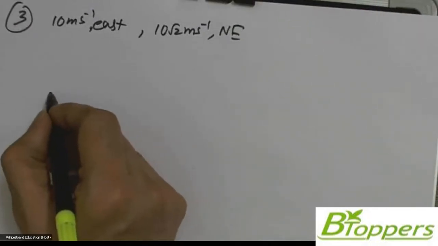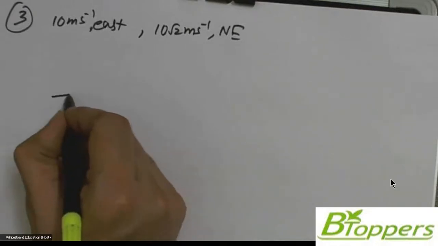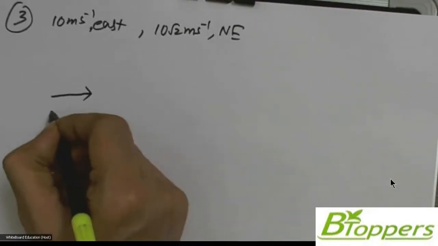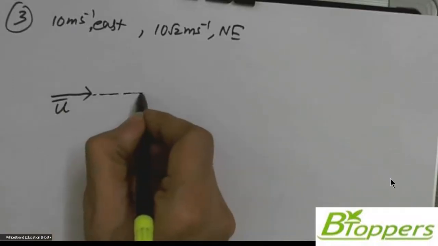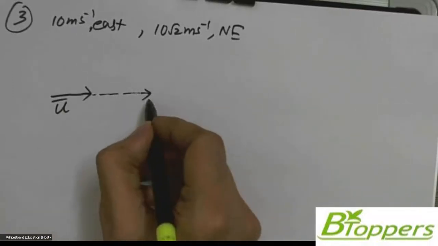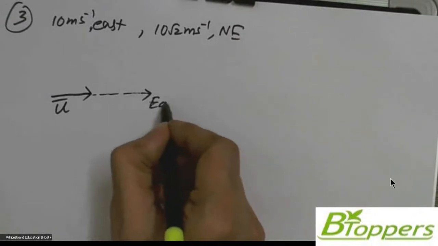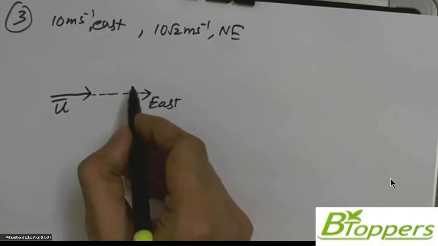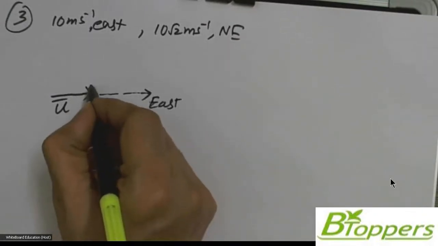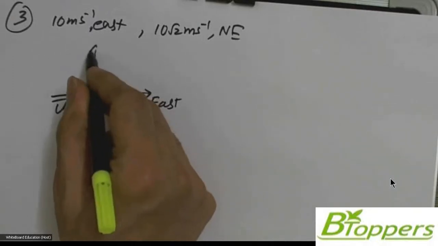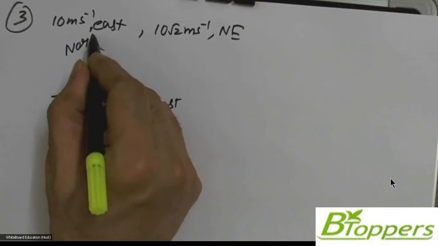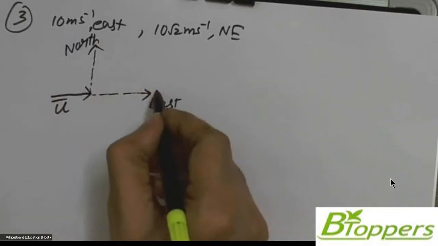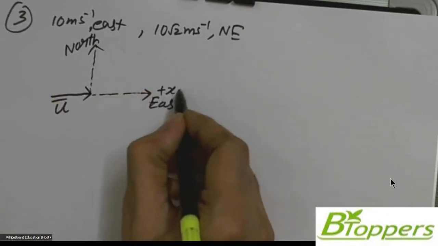I denote the initial velocity vector by u bar, which is directed towards east. I choose the horizontal direction towards east as the positive direction of x-axis.